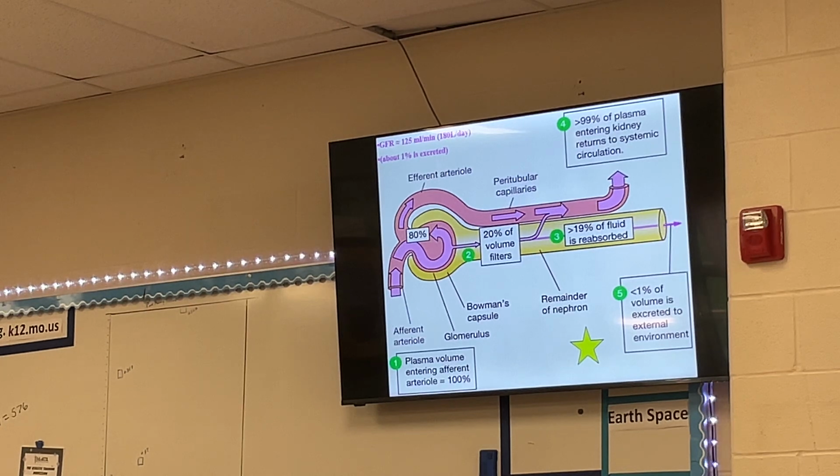The filtration process starts in the nephron, looking specifically at the glomerulus, and then as it goes through the parts of the tubule, it's going to be absorbed and then reabsorbed, and materials get pushed out, and different parts of the descending loop and then ascending loop are going to take materials out and then put it back into the bloodstream.